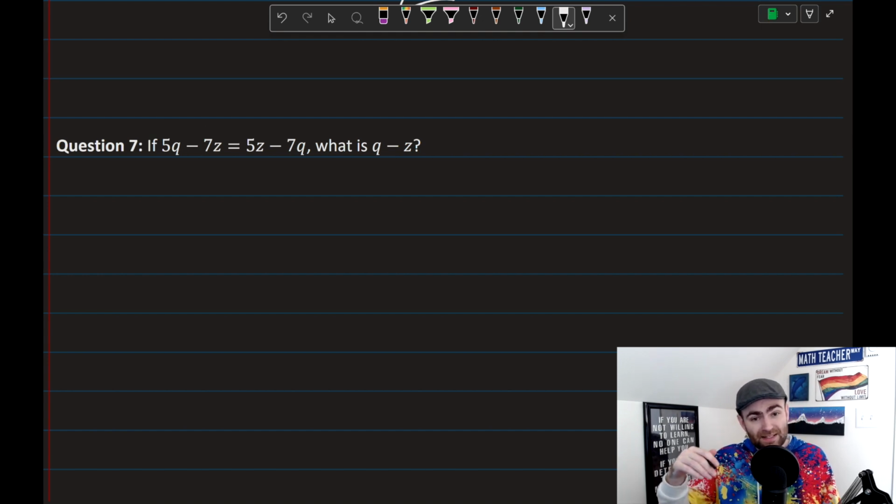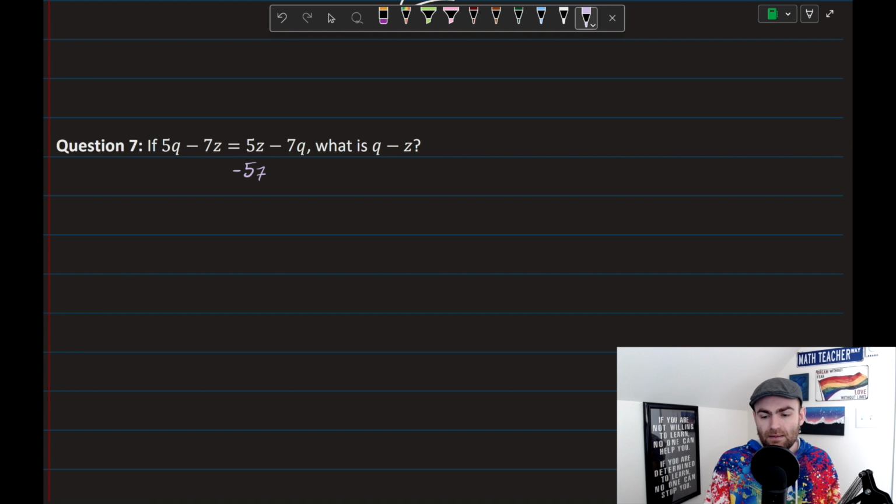So I'm going to move everything to the left-hand side. So I'm going to subtract 5z, and I'm going to add 7q, and I get 12q minus 12z is equal to 0.